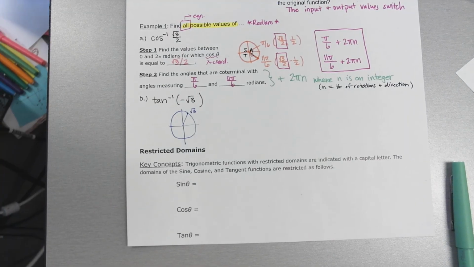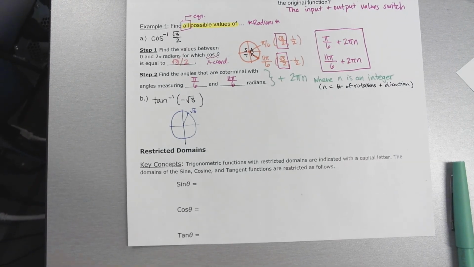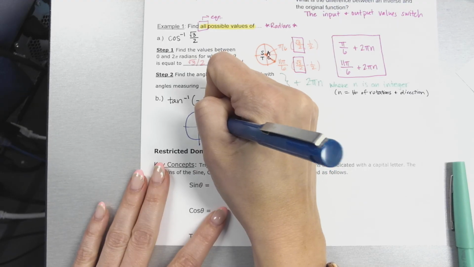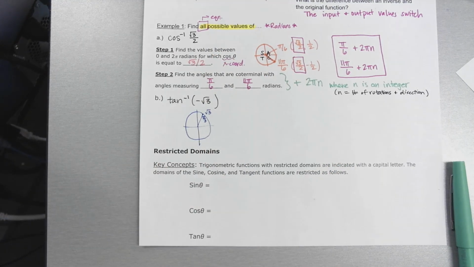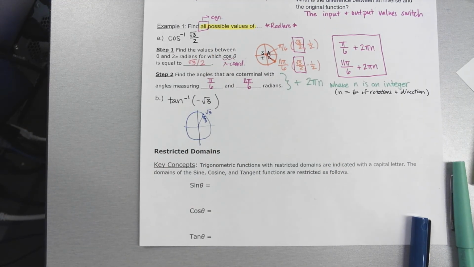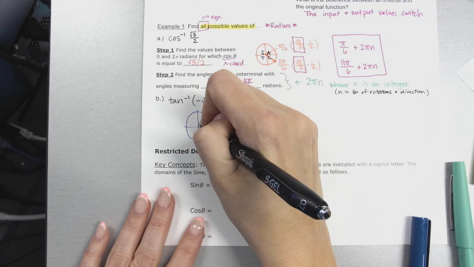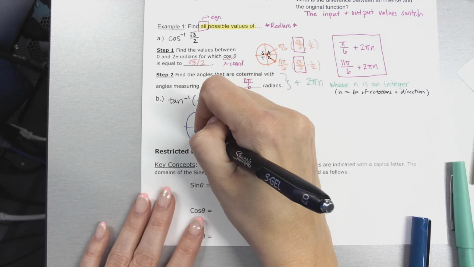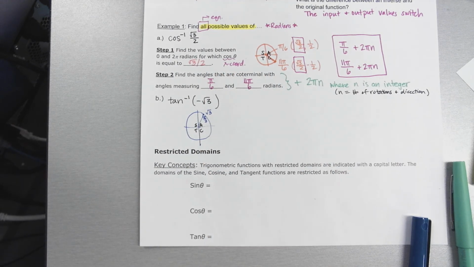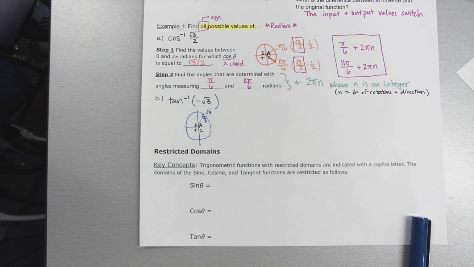Remember that everything is a reflection. So this is at pi/3, I'm at √3. If I want it to be negative, I think of all students take classes. So in what two quadrants is the tangent going to be negative?